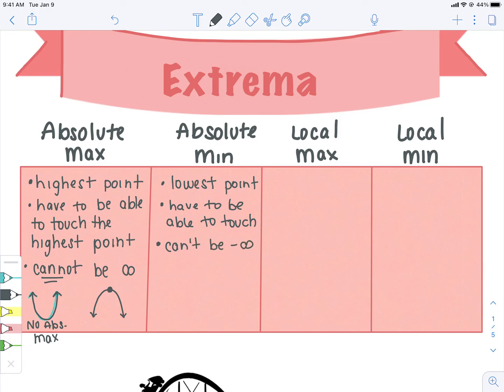So if you're ever tempted to give me an answer of negative infinity or positive infinity, the actual answer is it does not exist. Our standard parabola has an absolute min right at the bottom, whereas when I turn it over, there is no absolute min here because it's going down forever.